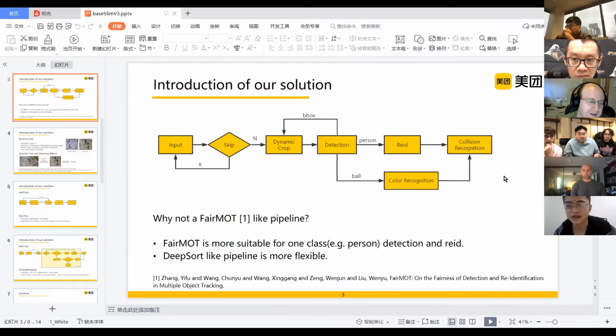Fast. Okay. And there is a very interesting thing which makes us very confused. The PyTorch import torch line can use a very long time.